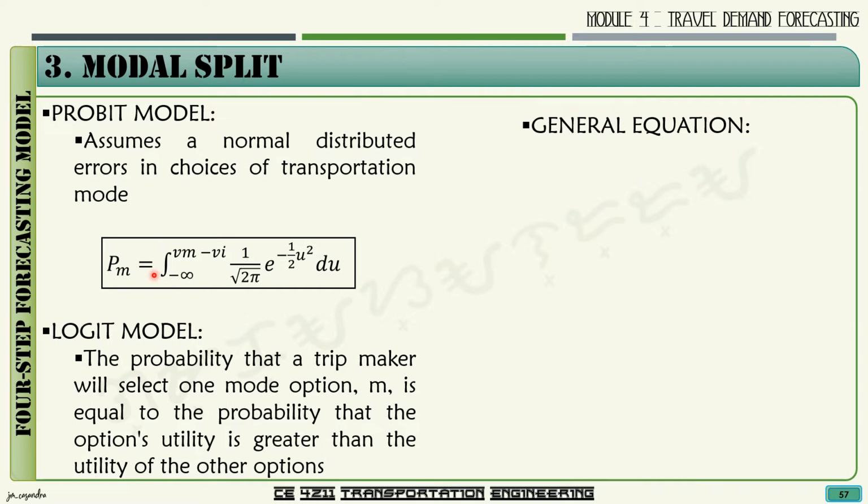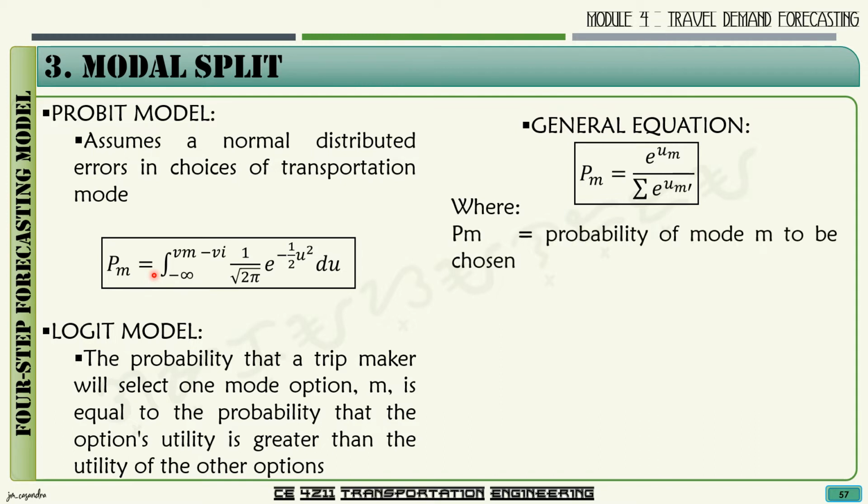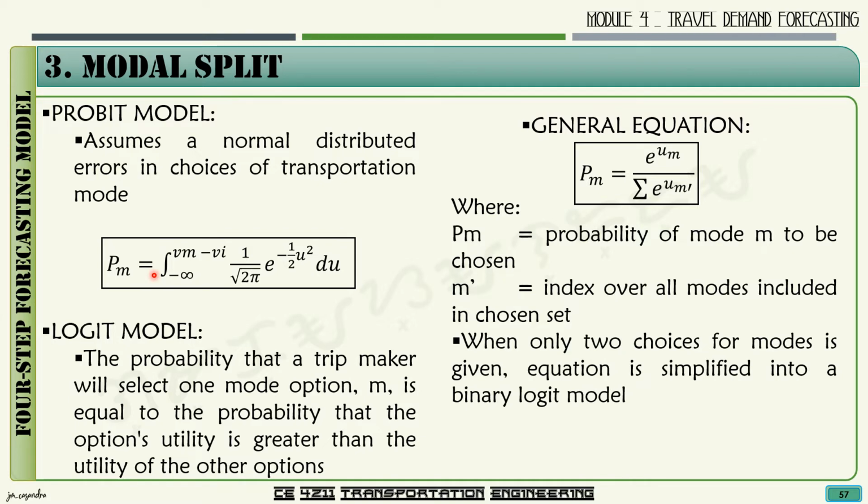The general equation for the logit model is given by P sub M is equal to E raised to U sub M divided by the sum of E raised to U sub M prime, wherein P sub M is the probability of the mode M chosen, and M prime is the index over all modes included in the chosen set.